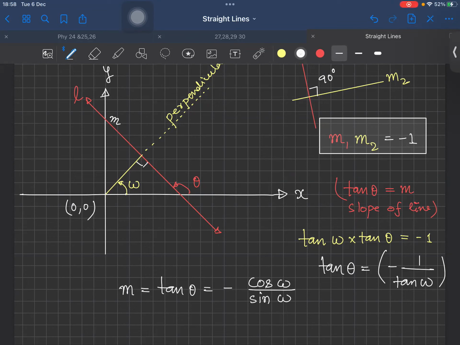See, tan is always sine by cos. Tan omega is sin omega by cos omega. So this is 1 upon tan, so cos by sine, it will be. Just see it. See if this is correct. This is again the slope of line L.